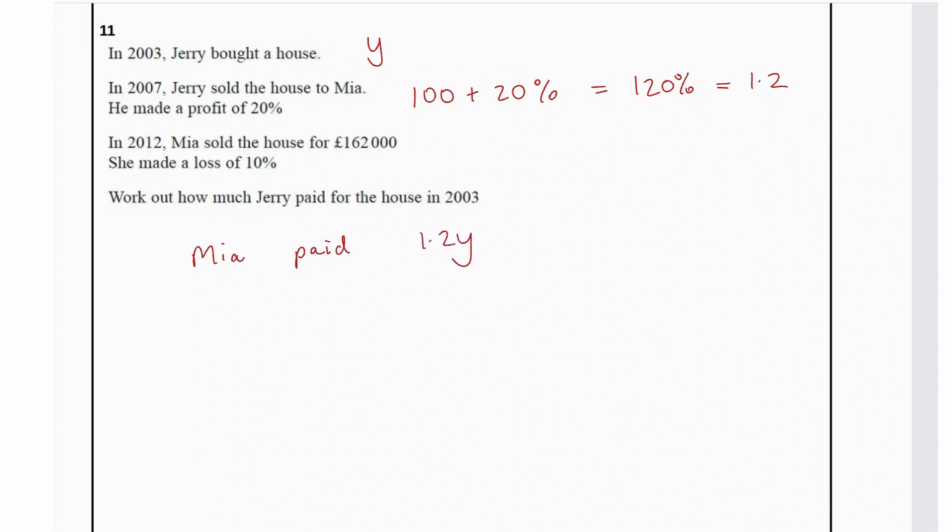And we know that Mia sold her house for 162,000 and she made a loss of 10%. So a loss of 10% would be 100 take away 10, so 90% of what she paid for it, or 0.9 of what she paid for it. So she paid 0.9 times 1.2y, and that was equal to 162,000.